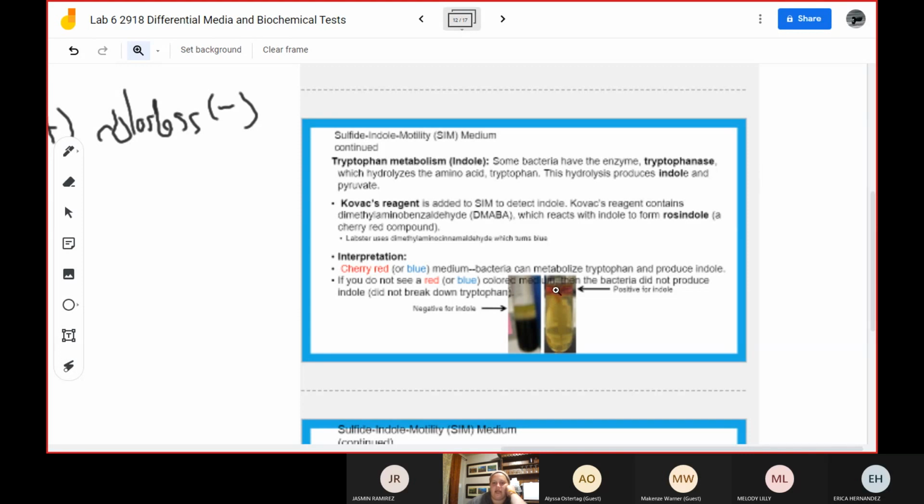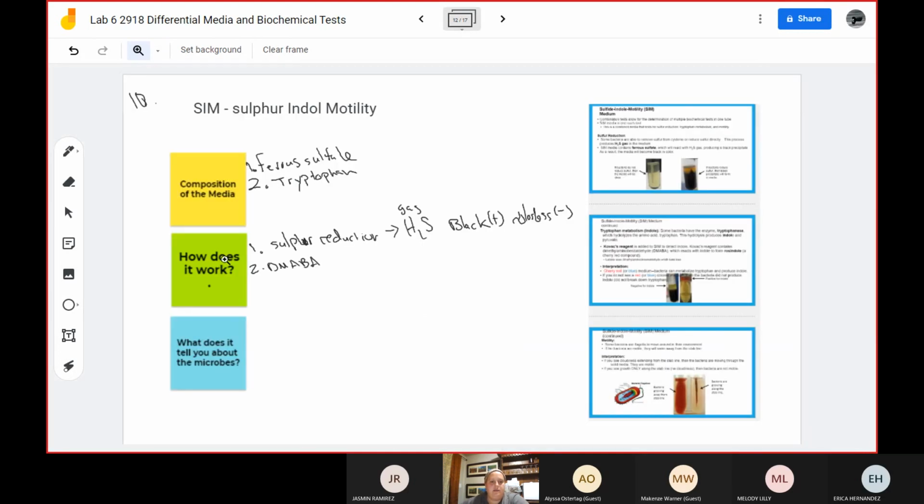If you add it and it turns red, that means it's positive. If it remains clear or kind of clearish, it would be negative for indole production. So red is positive, colorless is negative, and that's after we add that DMABA, which is Kovacs reagent.